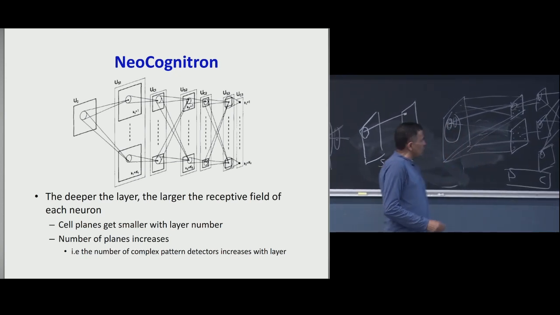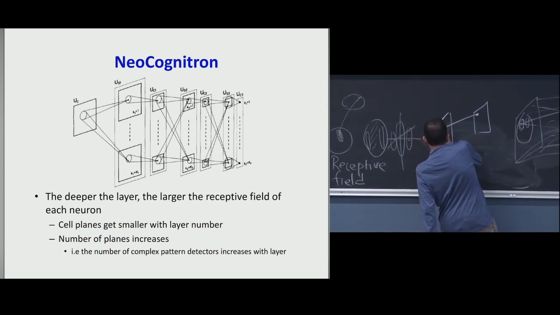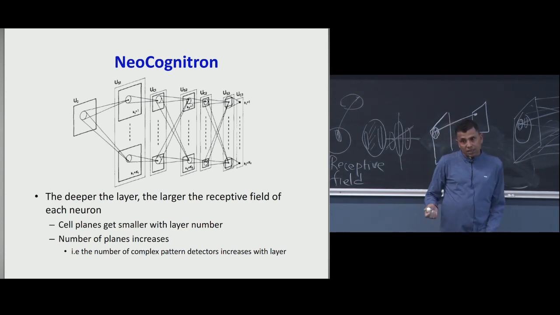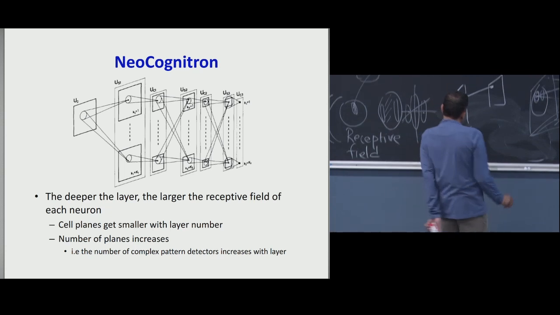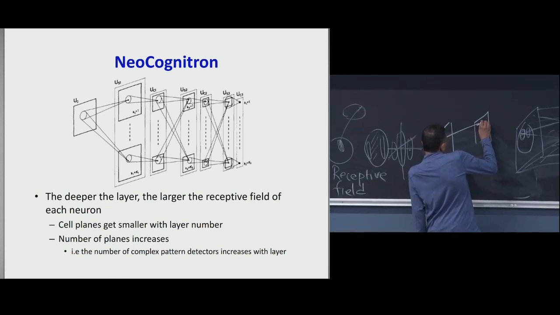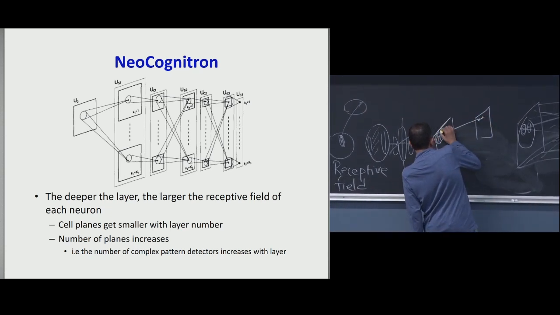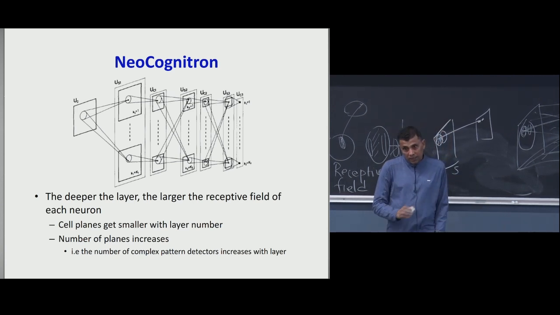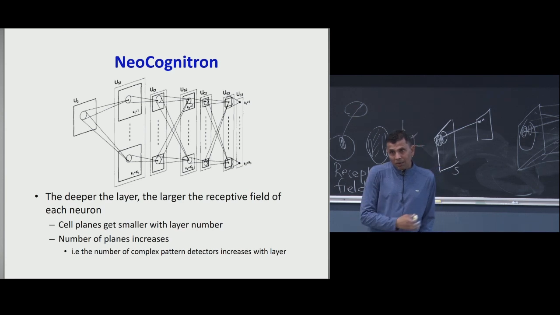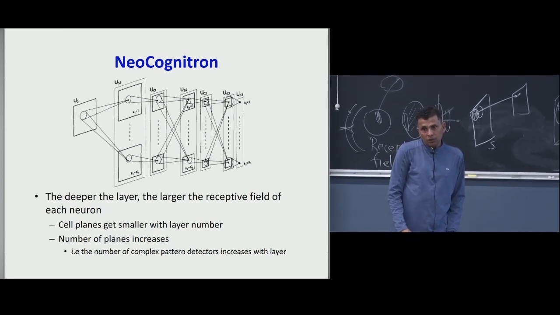Then this region really corresponds to vertical slits, right? So the next cell over here is looking at a slightly shifted region, which could perhaps even be overlapping, but there's a significant shift.